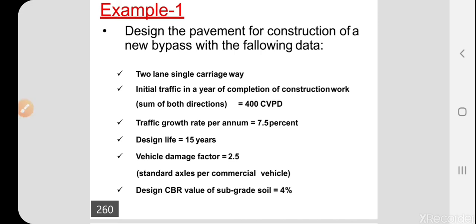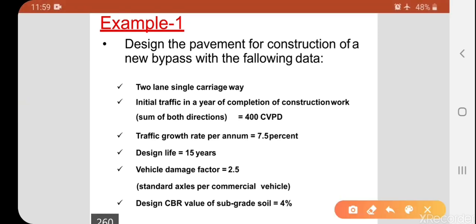All this comes under one solved example. Concentrate here. Example 1: Design a pavement construction for a new bypass with the following data. First, 2-lane carriageway, so automatically the width will be more than 7.5 meters.